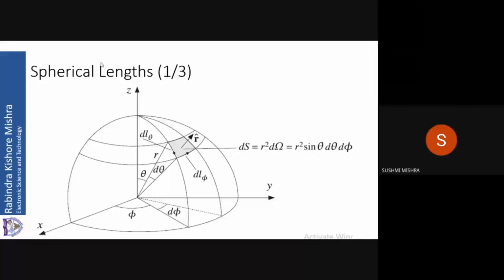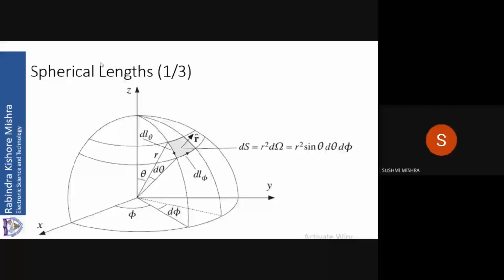Before I define that, let me explain this figure to you. This is a 3D figure of a portion of a sphere. I am taking an infinitesimal portion on this sphere, which is on the surface, its area is ds. So how do you find the area? Area is the product of the sides.